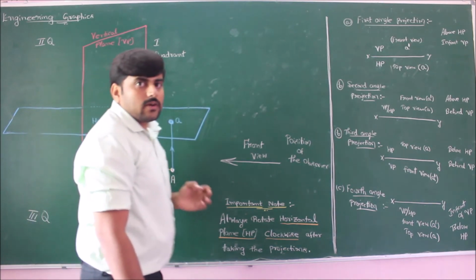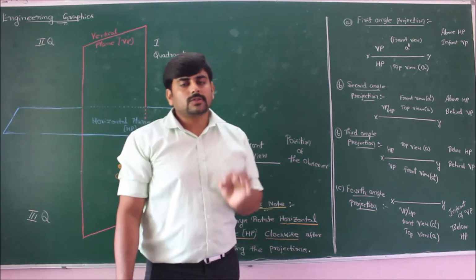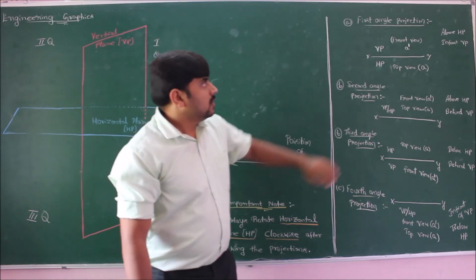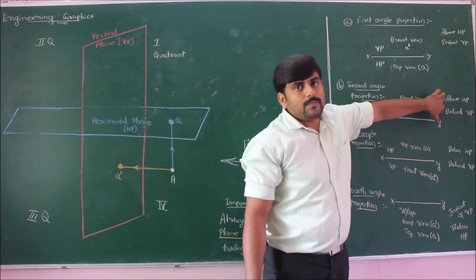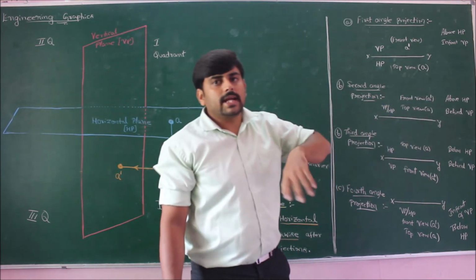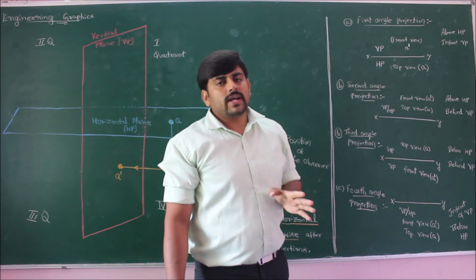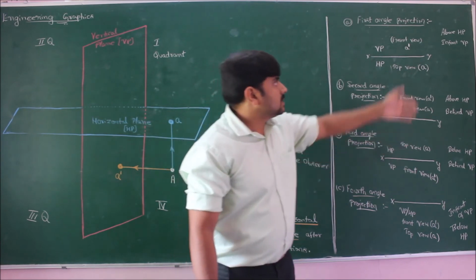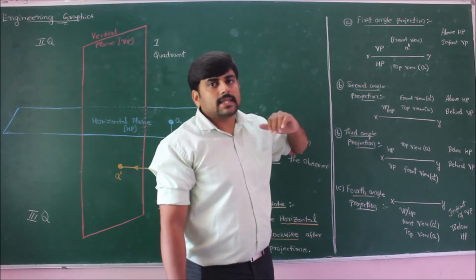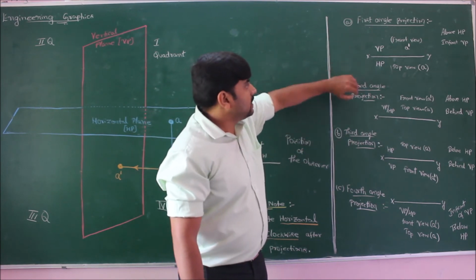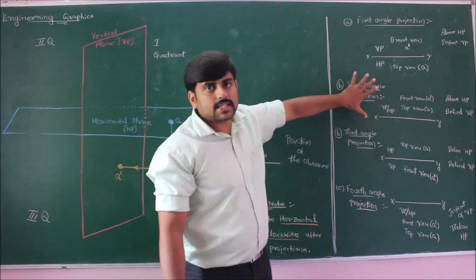The line of attack for solving problems on orthographic projection of points is that you should identify these cases, whether the point is lying above or below the horizontal plane, in front of or behind the vertical plane. Once you find these out, you will identify in which quadrant the point is lying. Once you identify that, you note it down as a rough sketch.